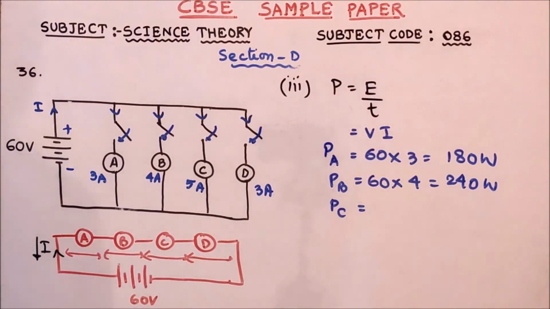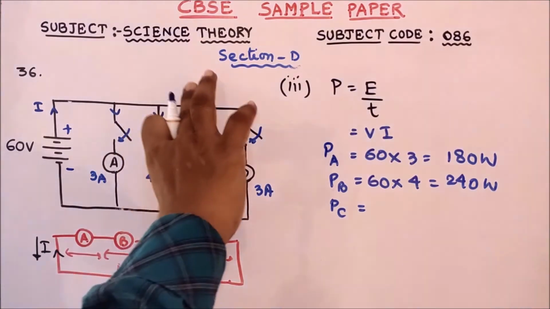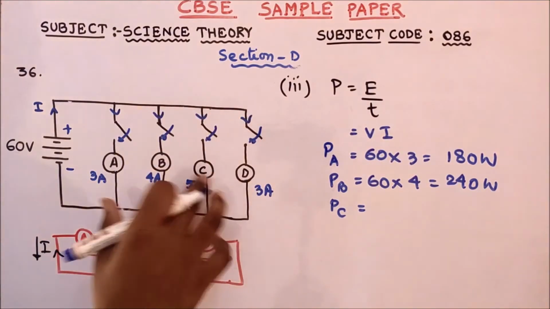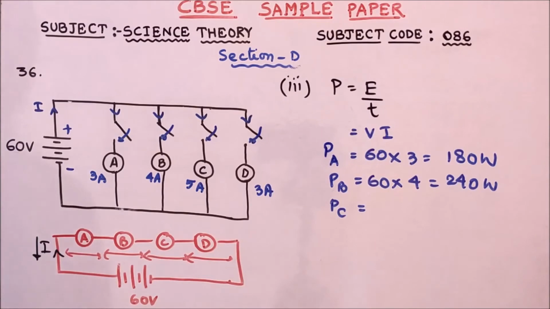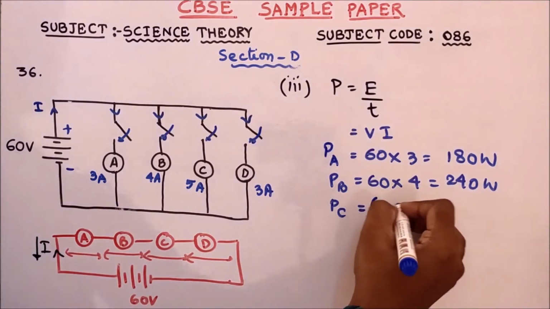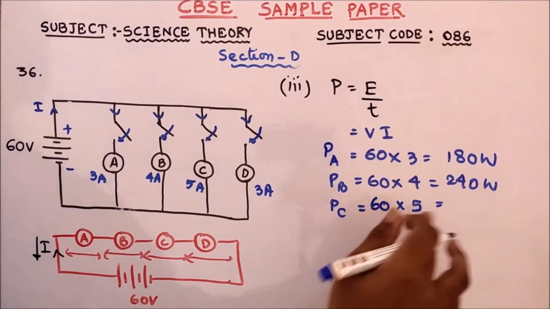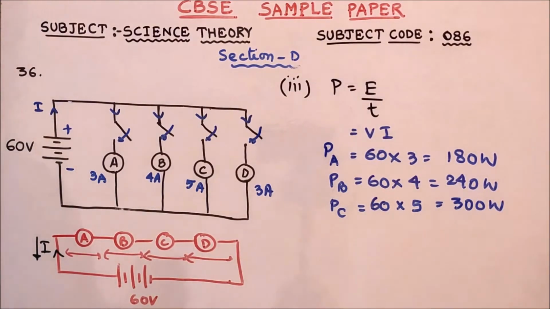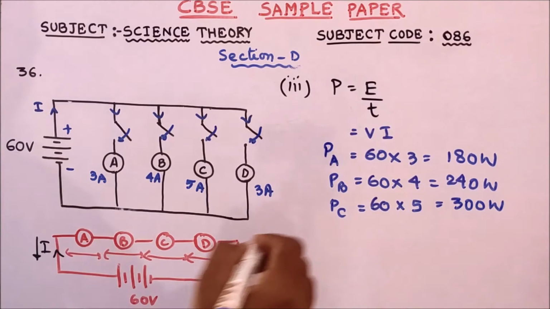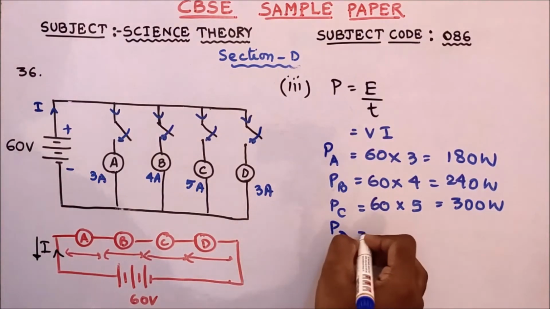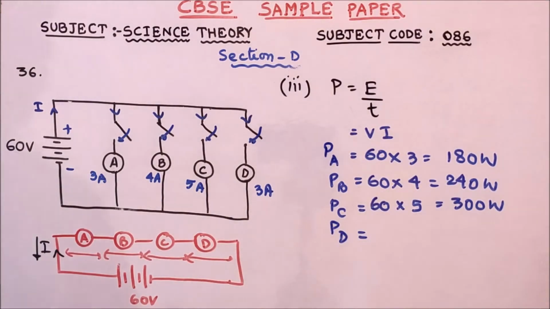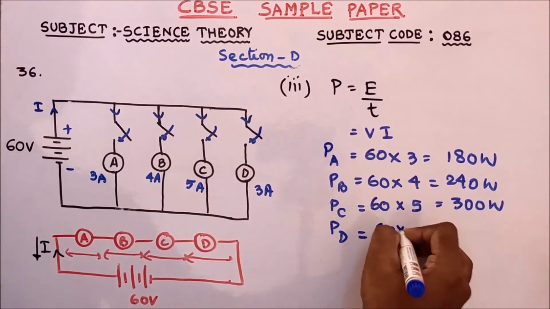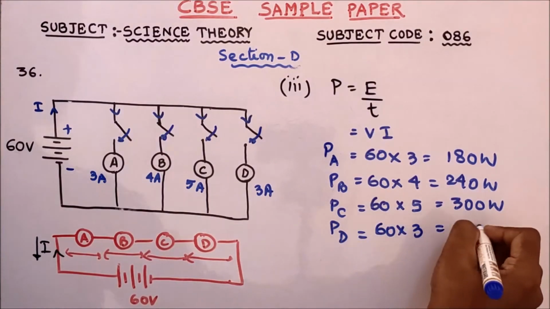PC, that is the power consumed or delivered by bulb C. So how much is that? 60 into 5. So 6 5s are 30, so this is going to be 300 watt. And at the end, PD, the power delivered by bulb D, that is again 60 into 3, so 180.